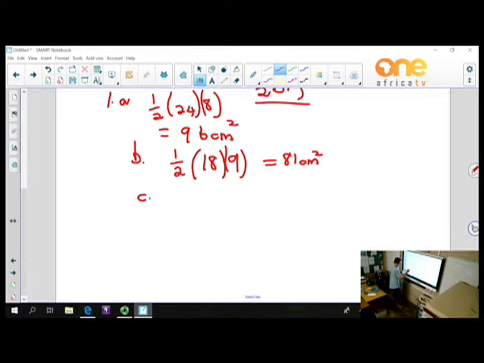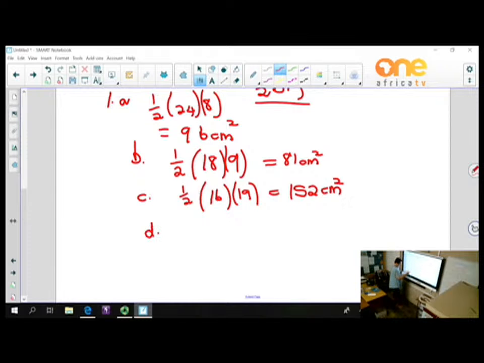Number C, it must be the perpendicular ones. Look at that one. The base will be 16, and the perpendicular height is 19, half base times height. Here I got 152 square centimeters.